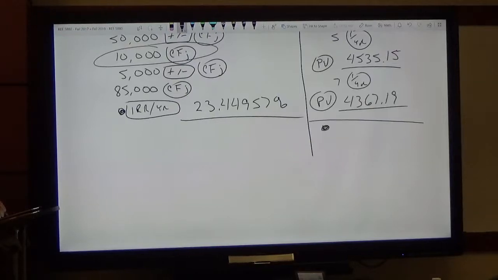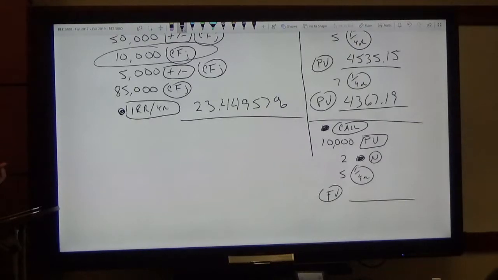So clear everything out. Take 10,000 as our present value, compound it forward 2 periods from basically year 1 to year 3, compounding forward 2 periods at the 5% reinvestment rate.